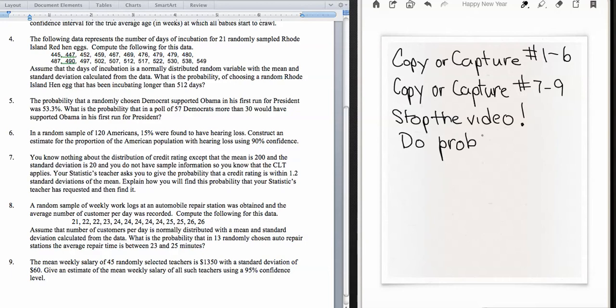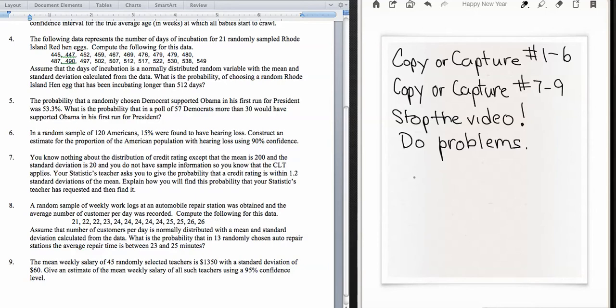This is how you're going to get the most out of this video, is actually trying to do the problems on your own. And once you've completed those problems, then you should come back and you should see the solutions to each of the problems and listen to the particulars on how the problems were solved, why choices were made, whether it was a probability, whether it was a confidence interval, what the particular details were there.